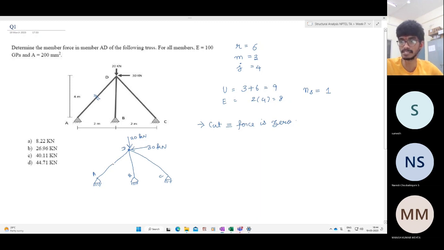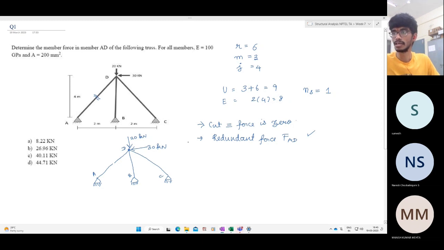So this space is not subjected to any force. So the reaction here is 0. The force due to this member on this joint is also equal to 0. So here you have identified the redundant force as FAD. So that is fine.